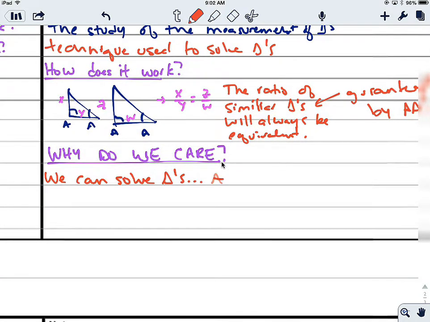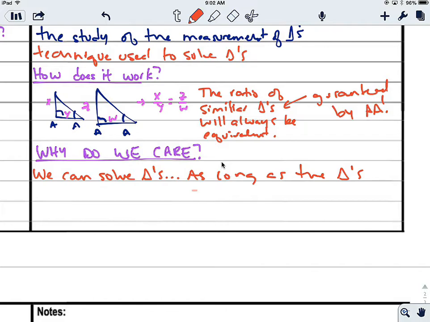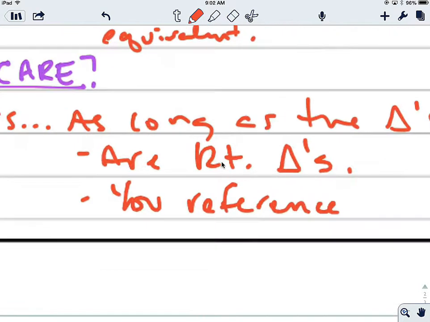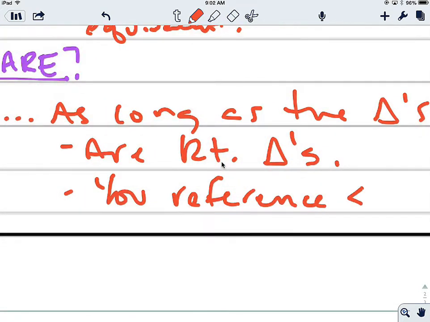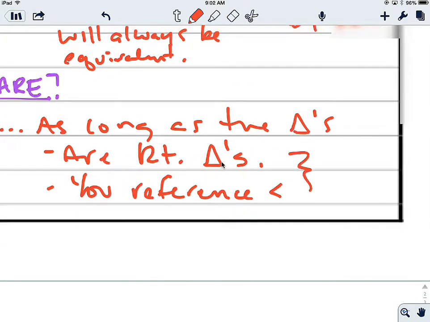As long as the triangles are right triangles, you have a reference angle, which, by the way, forms angle-angle similarity.